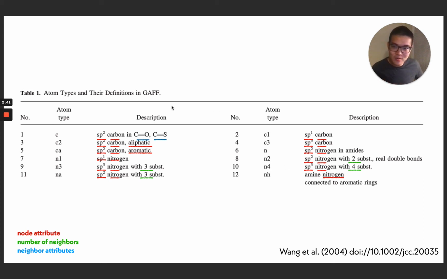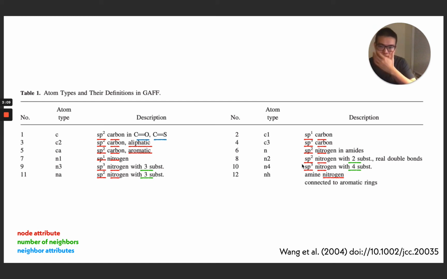And a new atom typing scheme would require human engineers to work on this for a very long time. This was published in 2004, and this GAFF force field, which is the generalized Amber force field, has still been regarded as the gold standard in small molecule force fields.